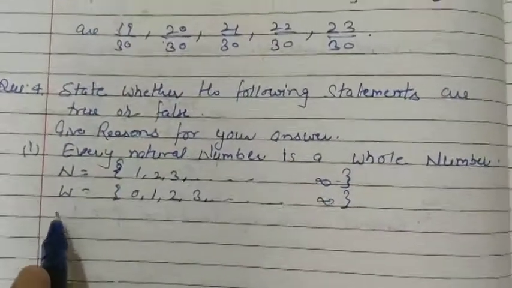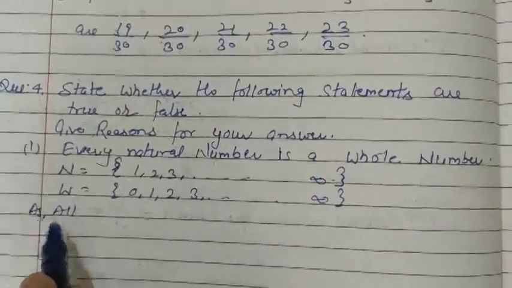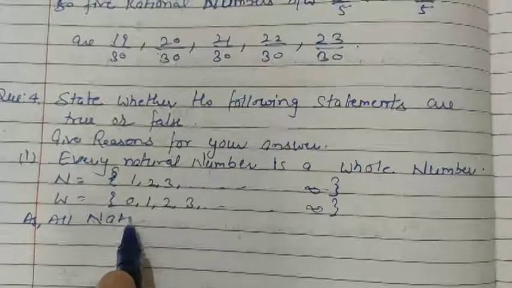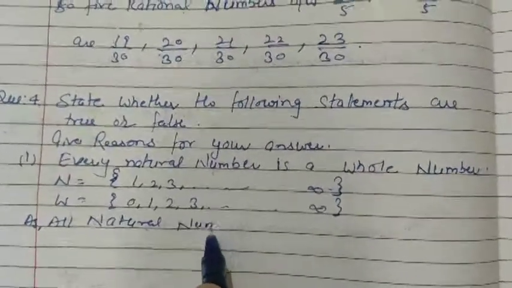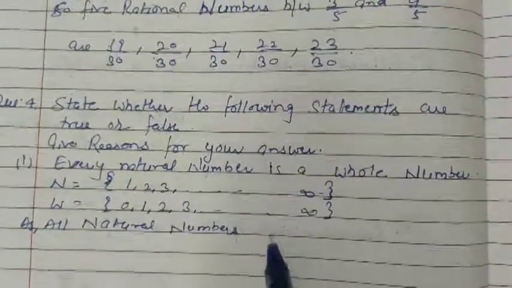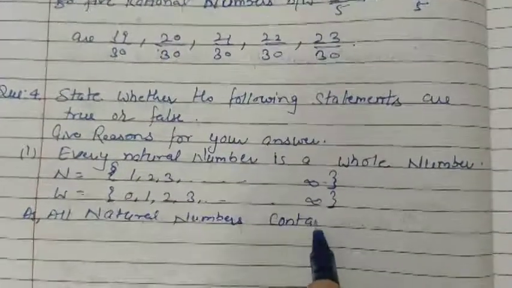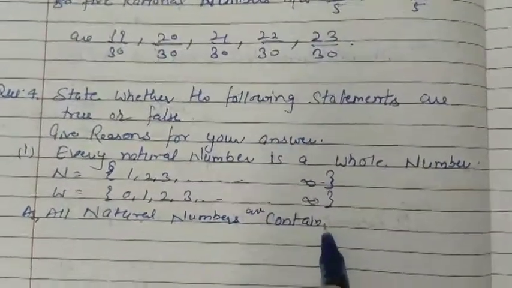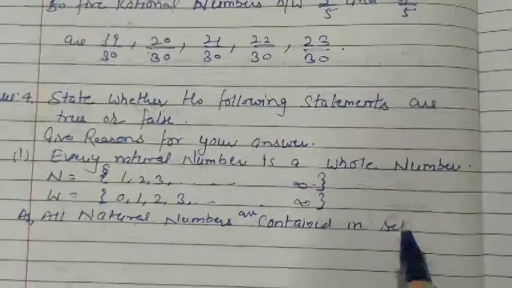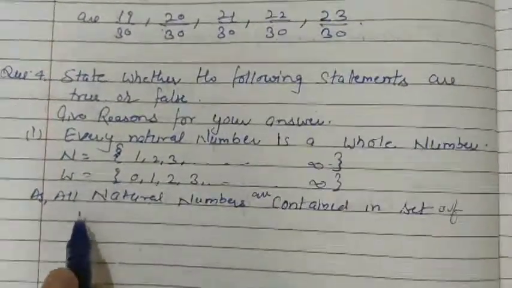So we can write that all natural numbers are contained in the set of whole numbers.